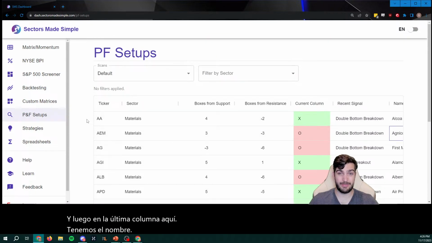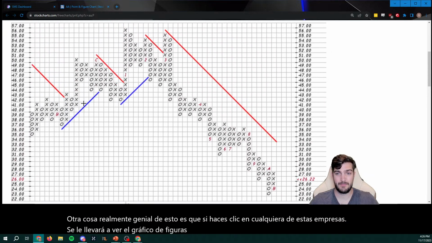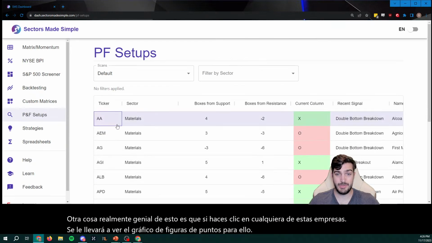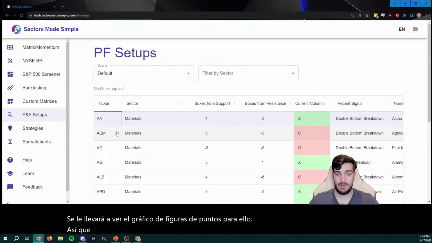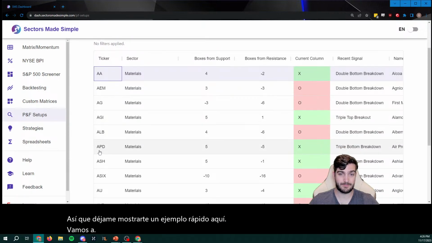Another really cool thing about this is that if you click on any of these companies, you'll be brought to see the point and figure chart for it. So, let me show you a quick example here. Let's go to APD. We go to APD's stock.